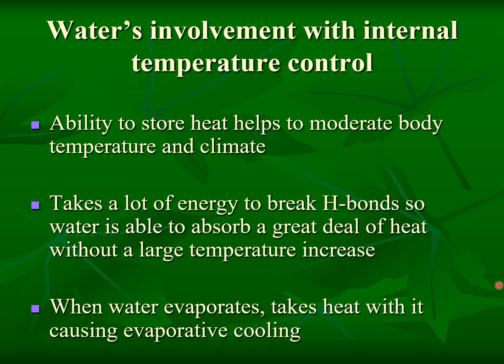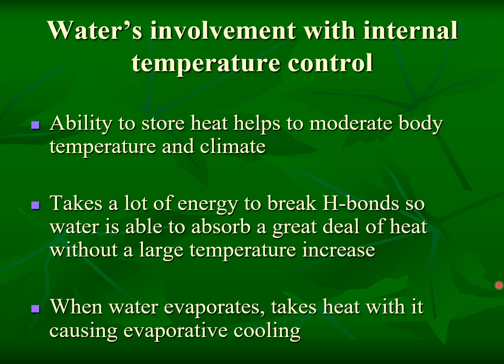Water's involvement with the internal temperature control. Water is able to store a lot of heat in it, and that helps to keep your internal body temperature relatively stable. So regardless of what the external environment is, you're able to keep a moderate, stable internal body temperature.